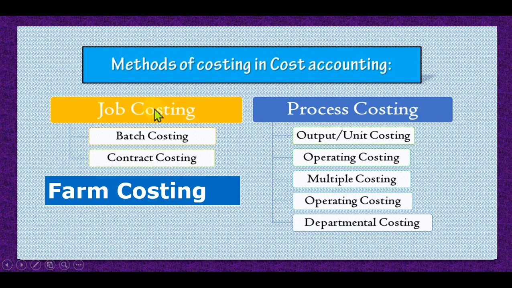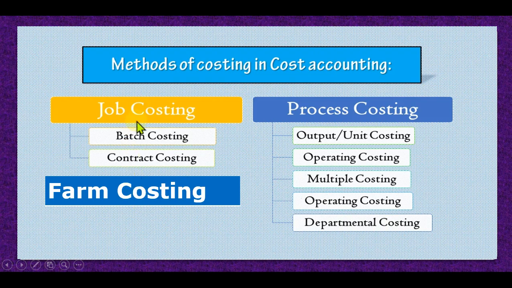Number one, job costing, and job costing is of two types: batch costing, then contract costing. On the other hand, other methods of costing are process costing, output or unit based costing, operating costing, multiple costing, operation costing, and departmental costing. And there is another method, that is firm costing.